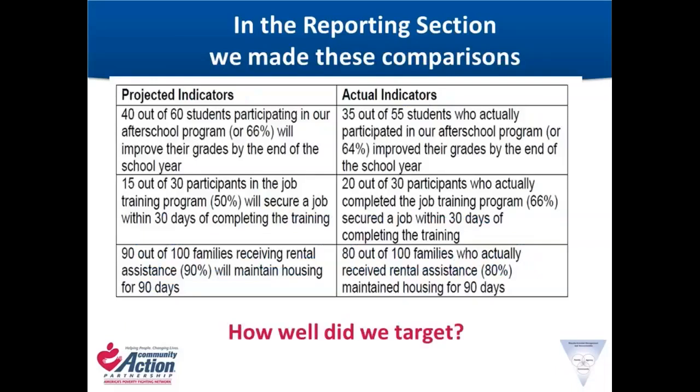We compared the projected indicators with the actual indicators in the report section. Now we're going to look at that a little bit more closely. We talked about what we expected from our after-school program, our job training program, and our rental assistance program, and then we see what we actually did. So the actual indicators there are about customer success, about the success of the students, the participants, the families. But what we want to look at is our agency success.